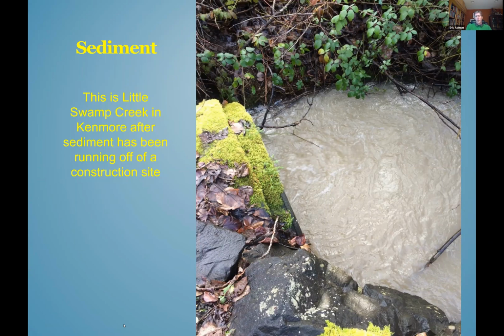And even the urban streams that we have typically are pretty clear. So if you see a high sediment condition in a local creek or river, unless that's a normal condition for it, because it's a larger, slower flowing river, like say the Sammamish River, typically this means that there's some kind of an issue that should be looked into.